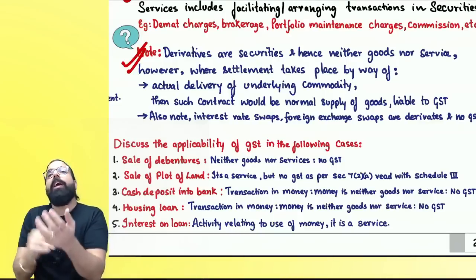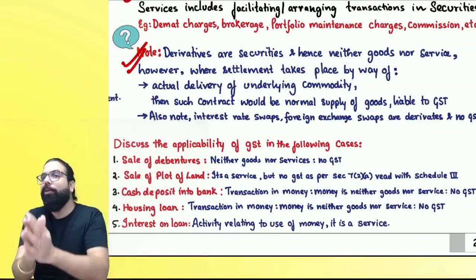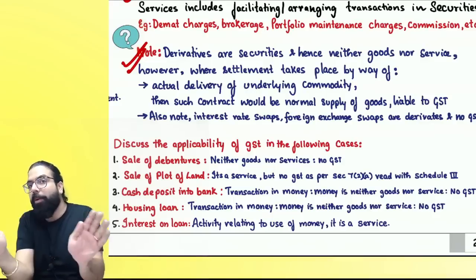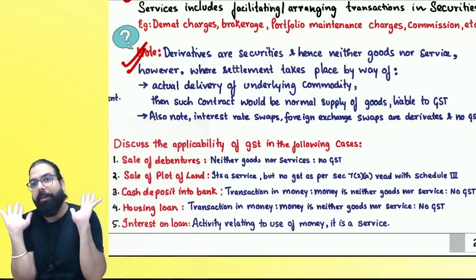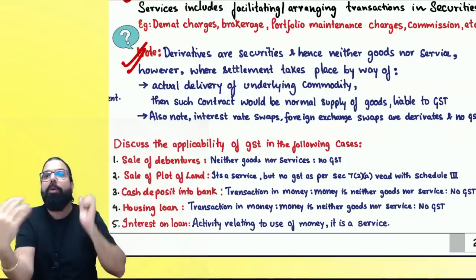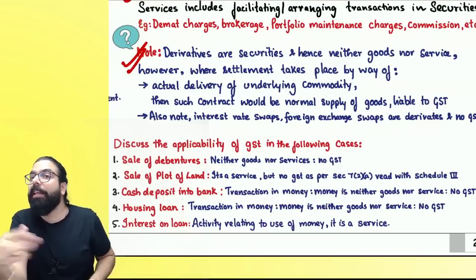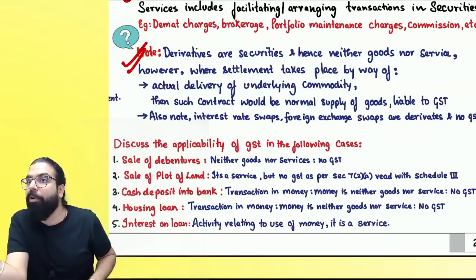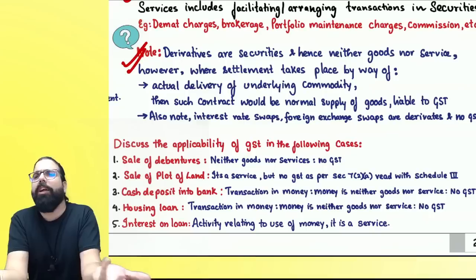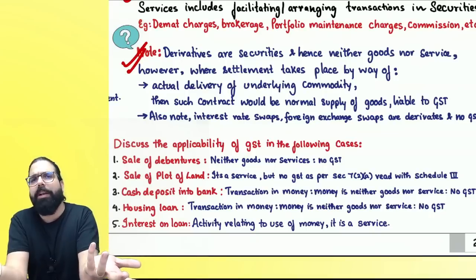But supposing, when the contract ended, you did not transfer the actual goods, but net settlement happened. Whatever was the loss or whatever was the profit, you settled it between the two of you. Then there is no actual transfer of goods, and GST will not come. Are we clear, everyone?